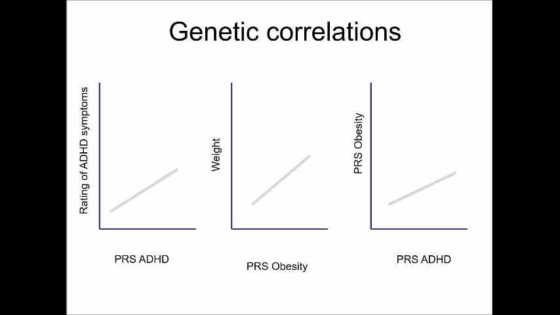So what we see here is, obviously, if we find all the SNPs that are associated with ADHD, those will correlate with the rating of ADHD symptoms. If we correlate the PRSs of obesity, that's going to correlate with weight. But now what we find is that the PRS for ADHD correlates with the PRS for obesity, meaning that the genes are pleiotropic. Genes that put you at risk for ADHD also put you at risk for obesity, and vice versa.